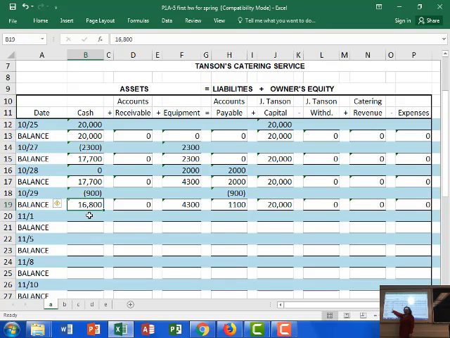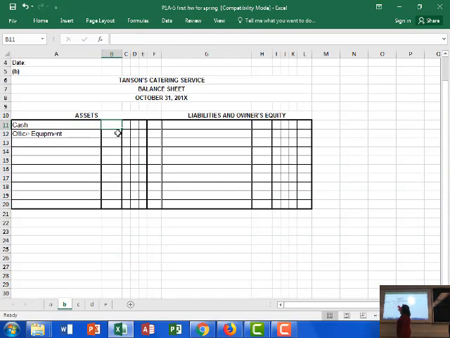We have 16,800 and 4,300, right? So we go back to the balance sheet and what do? Cash is 16,800. How much is the other? $4,300, right?